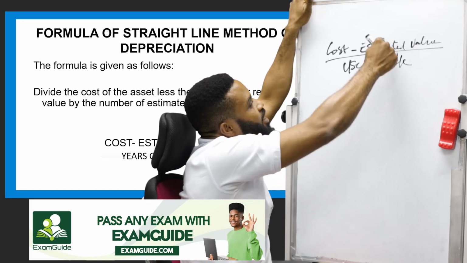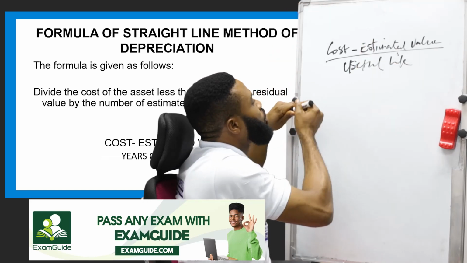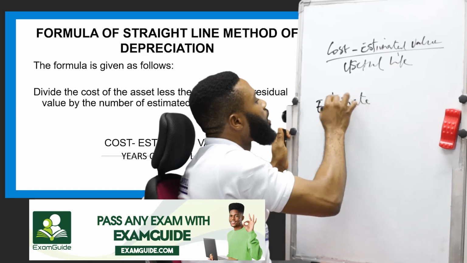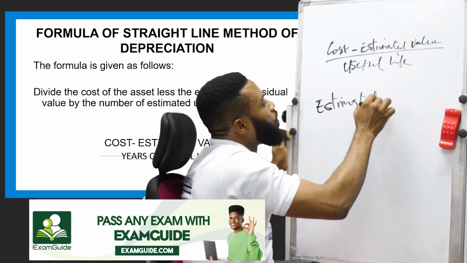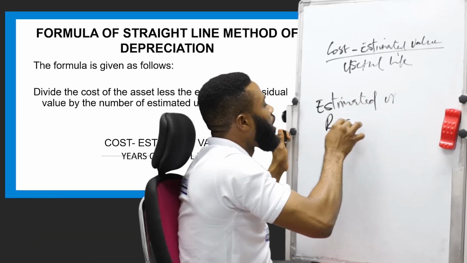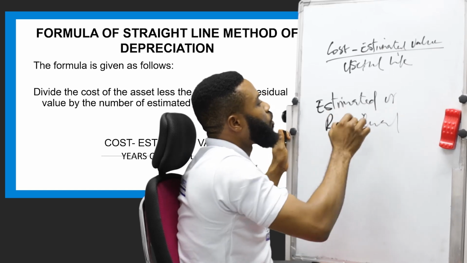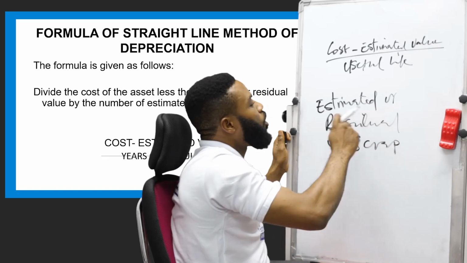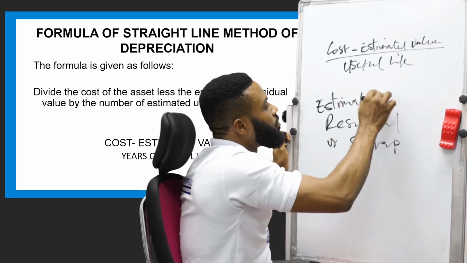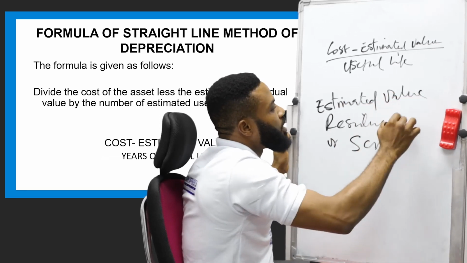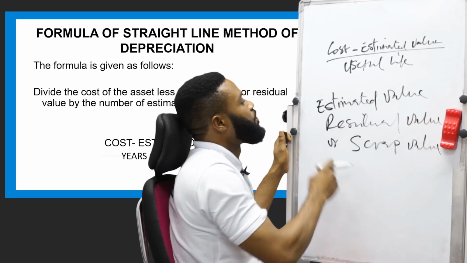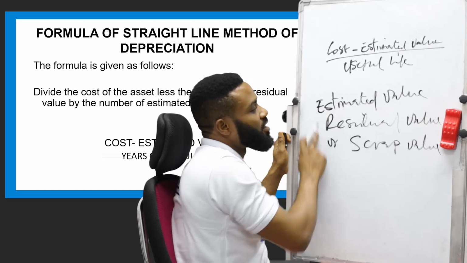The cost of the asset minus the estimated value, all over the useful life. This estimated value can also be called residual value, or scrap value. All three of them mean the same thing.